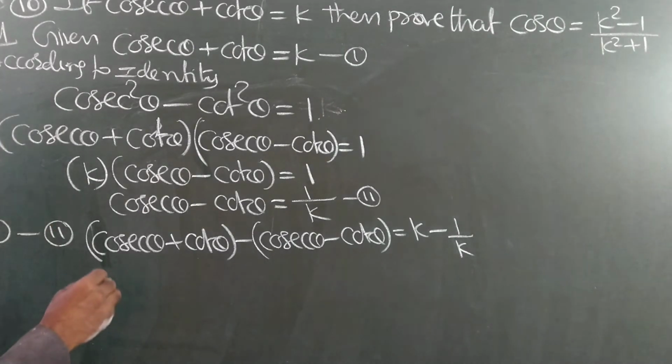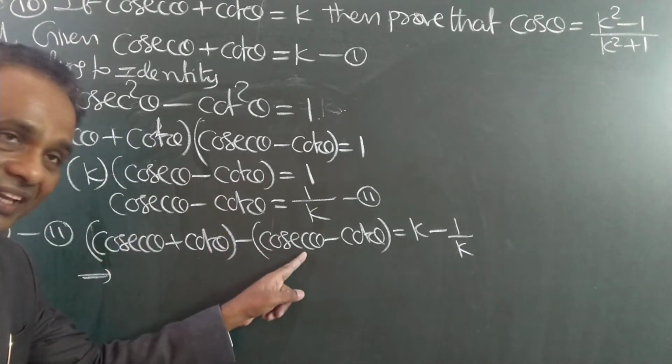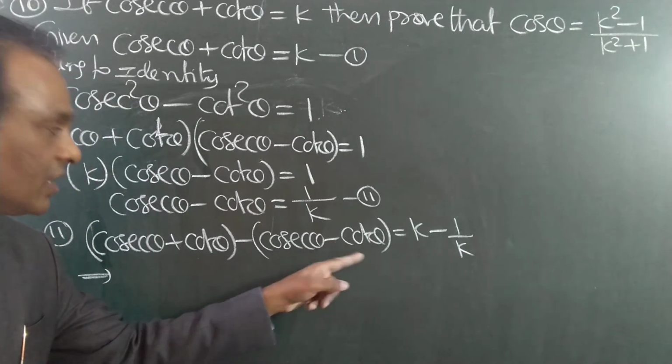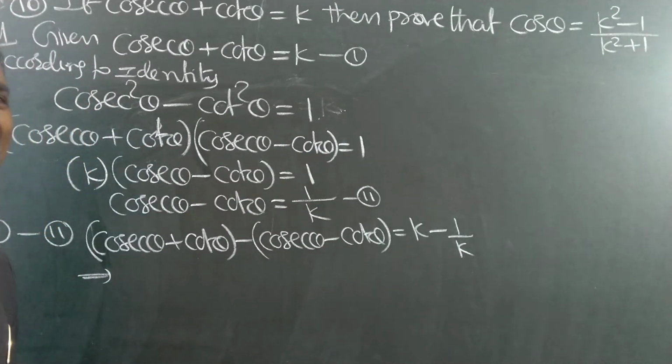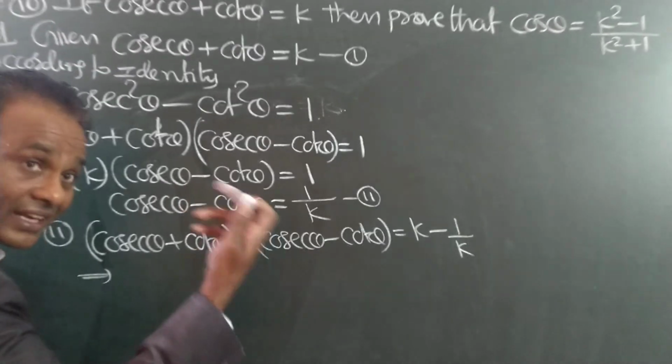Now see here. Open the bracket: minus cosecant theta, minus into minus plus cot theta. Cosecant minus cosecant cancel.